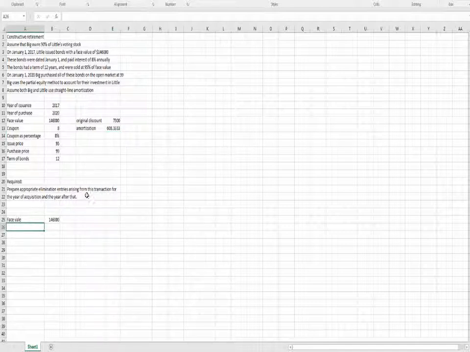And so after these things were issued January 1st, 2017, they're being bought back January 1st, 2020. So we've had the discount being amortized for 2017, 2018, and 2019. So 3 years have elapsed. We can do this one of two ways. We could either say there was originally a discount of 7,300.